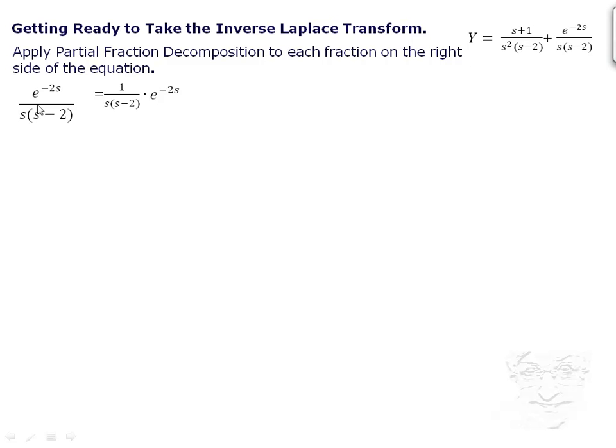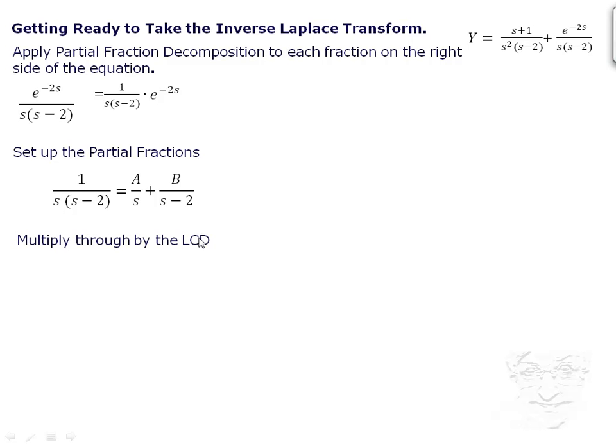On the second fraction, I'm going to separate out the exponential part and apply partial fraction decomposition to just the 1 over s times s minus 2. That's going to give me two fractions, a over s plus b over s minus 2, multiplied by the common denominator.